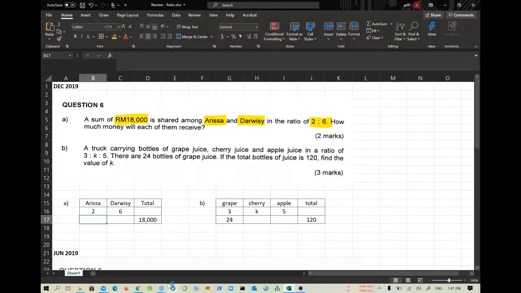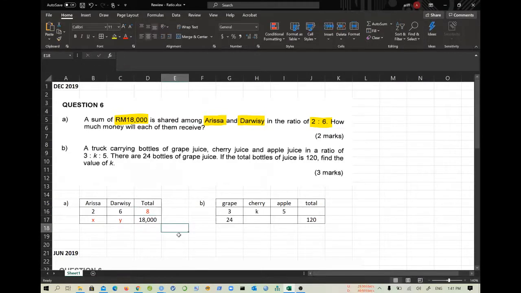Let's say this one is X and this one is Y. For the ratio there is no total, so you can come up with the total: 2 plus 6, you get 8 over here.